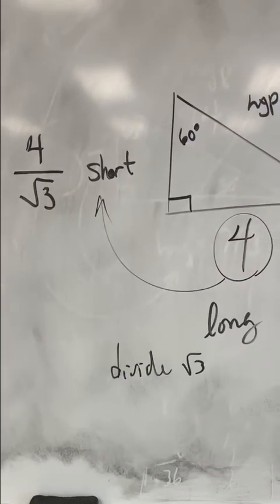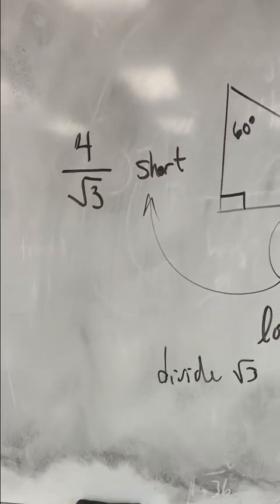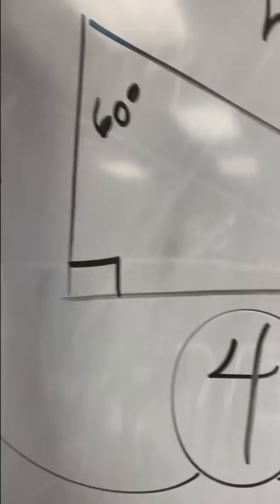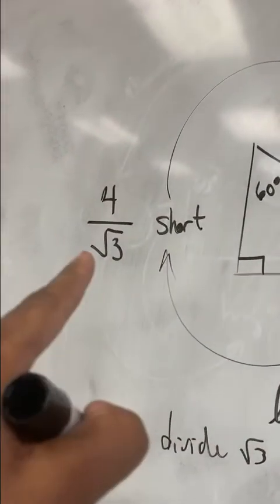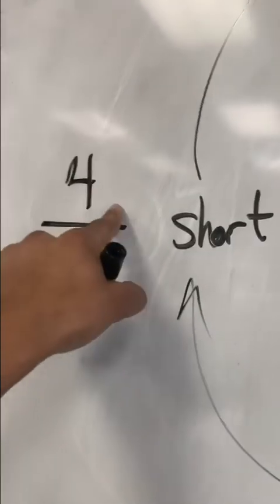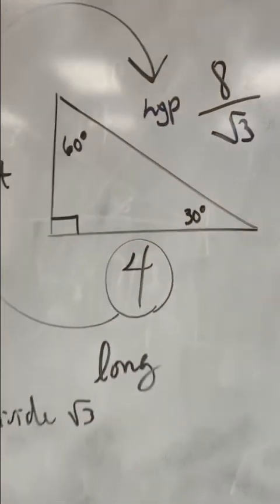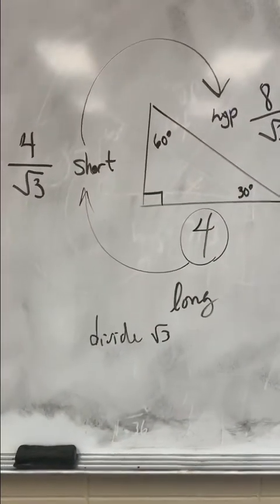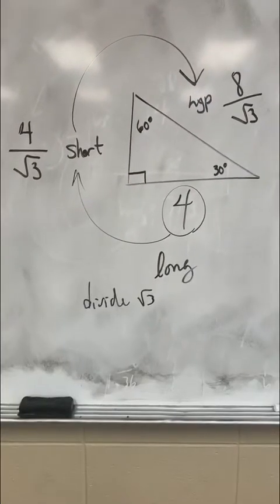We're going to simplify that stuff later, but right now we're just going to leave it at 4 divided by square root 3. Now to go from my short leg back to my hypotenuse, all I do is double that. So that means I can multiply this number at the top. So that means this is going to be an 8 square root 3. And there it is.